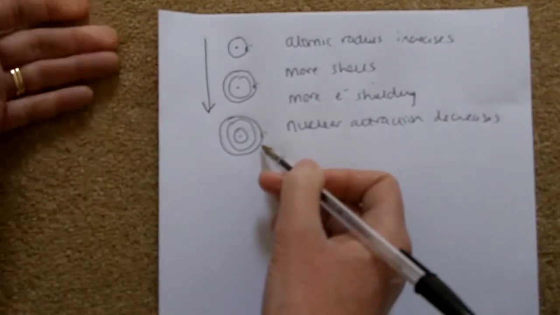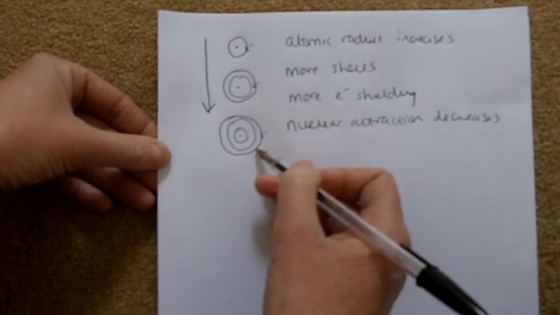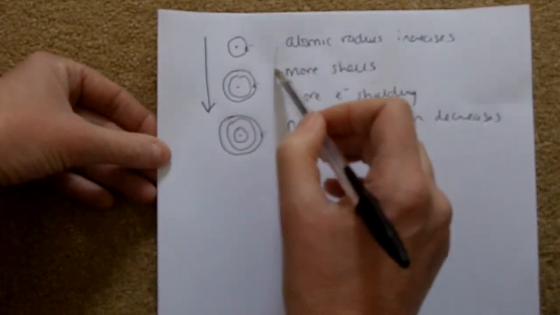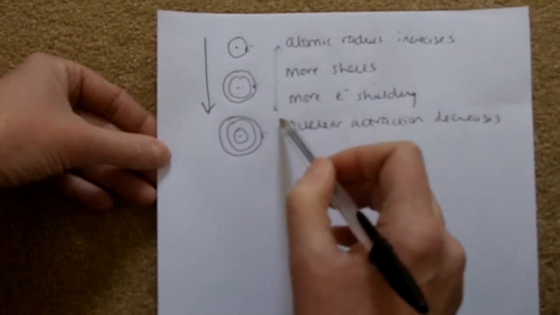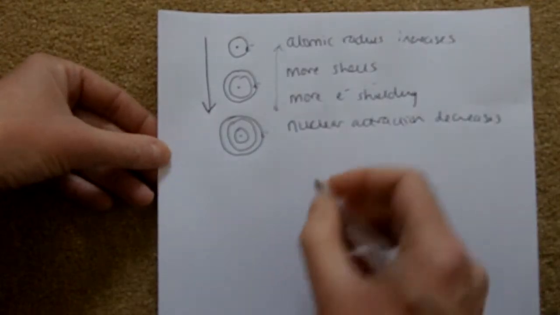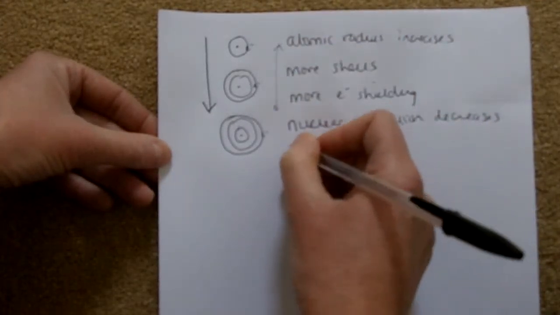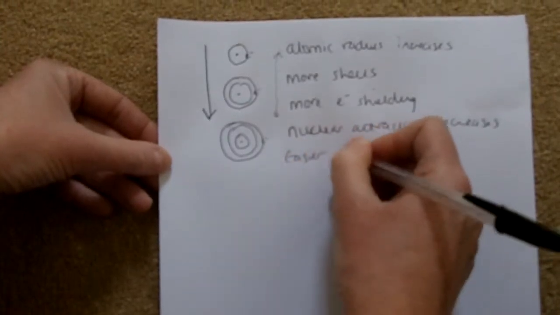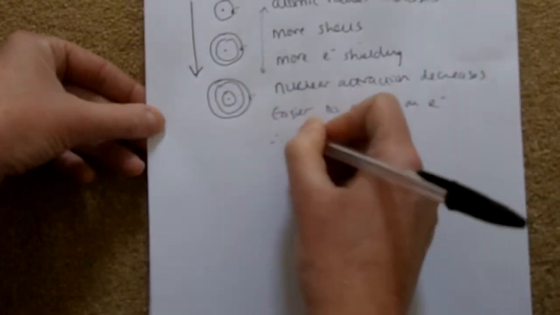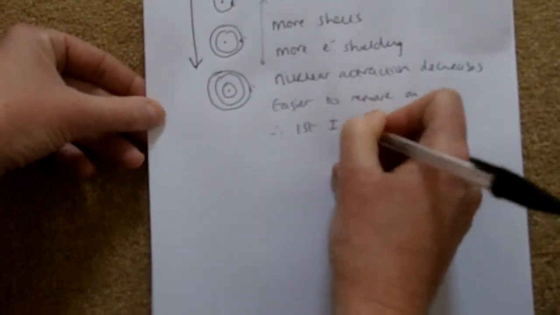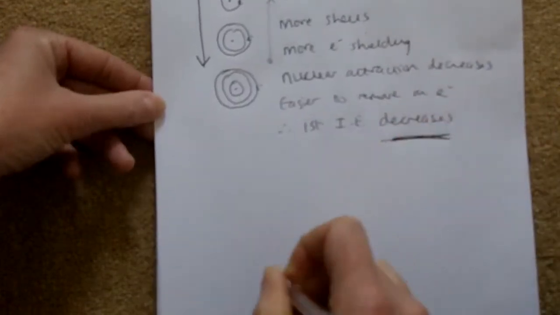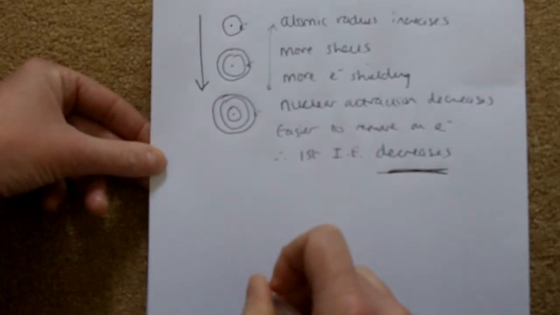I know you've also got more protons as you go down the group, but these effects are more important, and they outweigh the increased number of protons. So as you go down the group, it gets easier to remove an electron. Therefore the first ionization energy decreases as you go down a group.